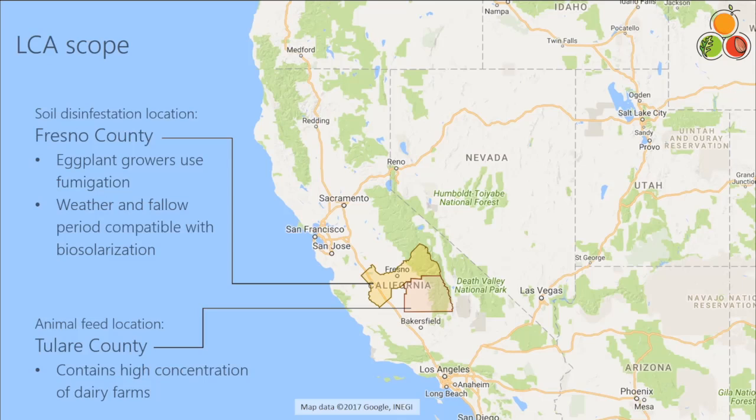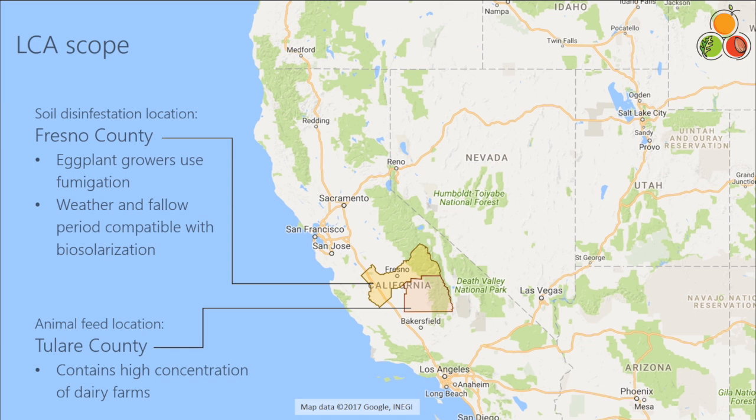So between these two scenarios, we basically have one where we're displacing some fumigation by putting the tomato pumice into biosolarization. In that case, we're kind of robbing the dairy farmers of their pumice. They're going to have to source some alternative feed to make up for that, and comparing that to the business as usual scenario where fumigation is used for pest inactivation in the soil and the tomato pumice is routed for feed application.